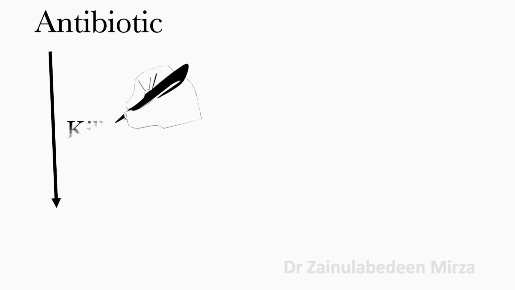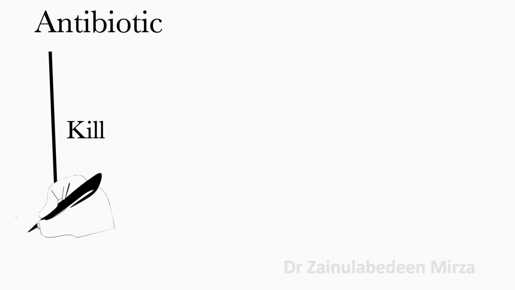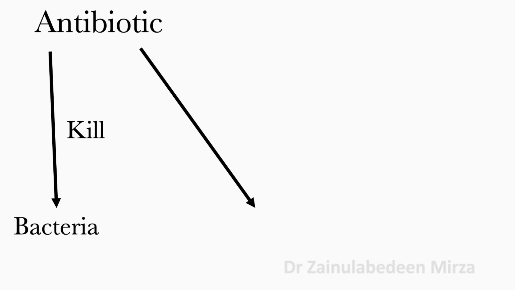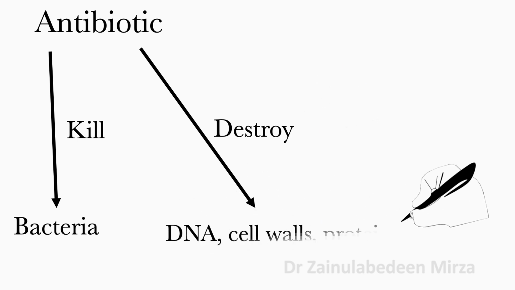Antibiotics work by killing bacteria or stopping them from multiplying. The antibiotics kill bacteria by destroying critical parts they need to survive, such as DNA or cell walls.